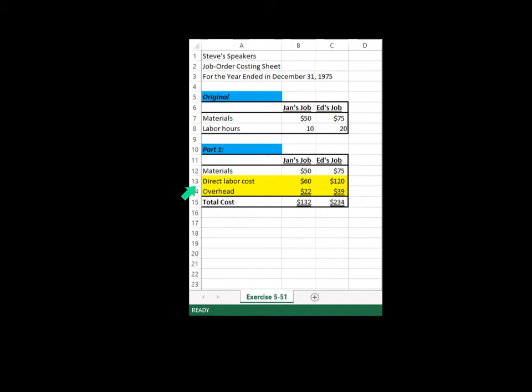Also, I had the overhead, which was 20% of materials and direct labor, so I did 0.2 times the sum of these two. Also, direct labor cost is 6 times the labor hours, so 6 times 10 is 60, and 6 times 20 is 120. So the total cost is equal to materials plus direct labor plus overhead for both Jan's job, which is $132 bottom line, and Ed's job, which is $234, so the job order cost sheet.